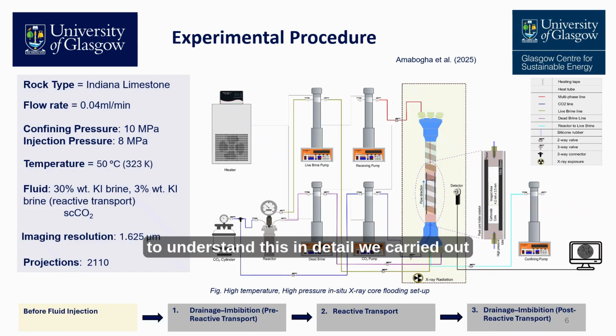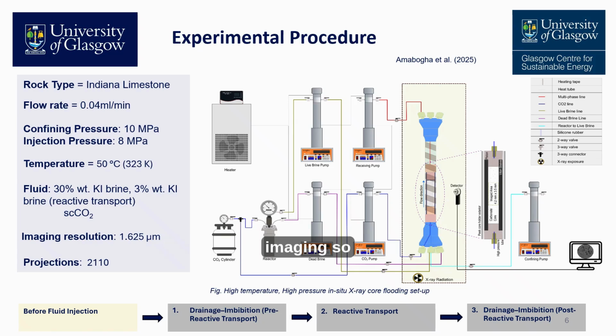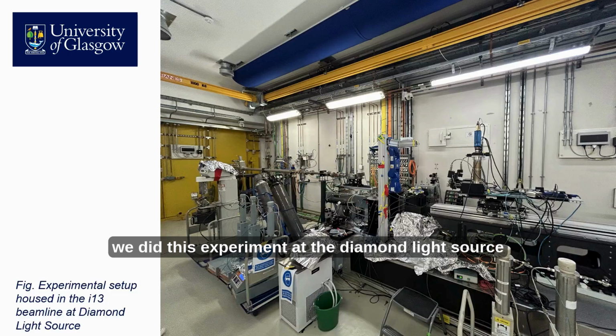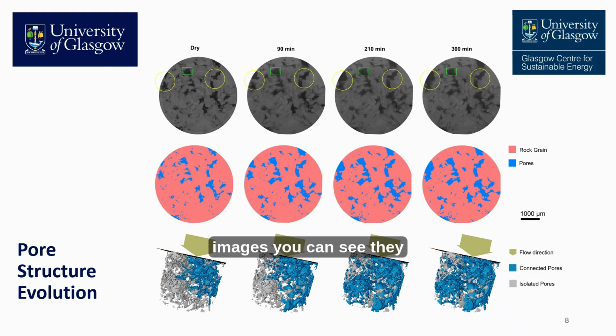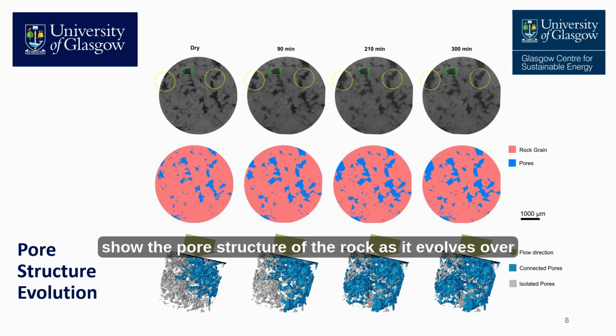To understand this in detail, we carried out an experiment using advanced X-ray imaging at the Diamond Light Source, where we injected CO2 into a natural reservoir rock, and using X-ray images, we can observe how the CO2 behaves within the rock over time. These images show the pore structure of the rock as it evolves.